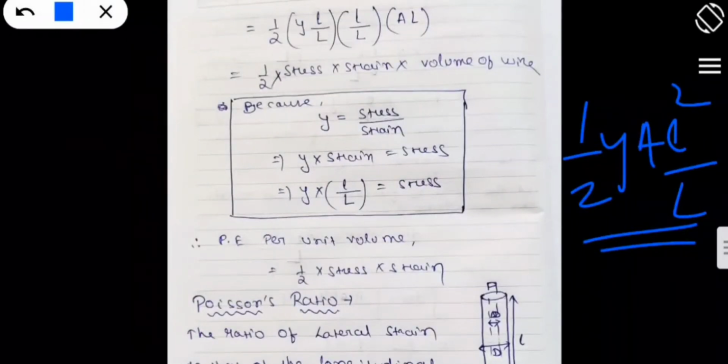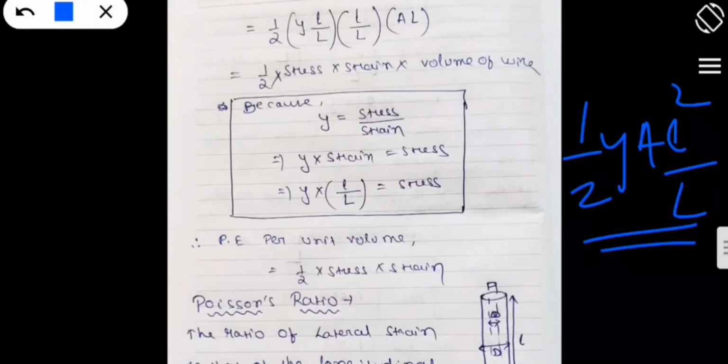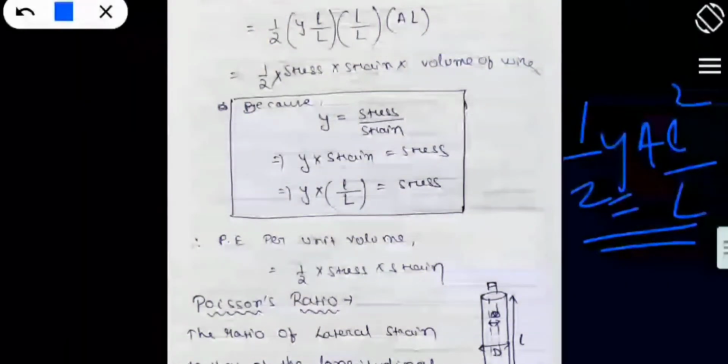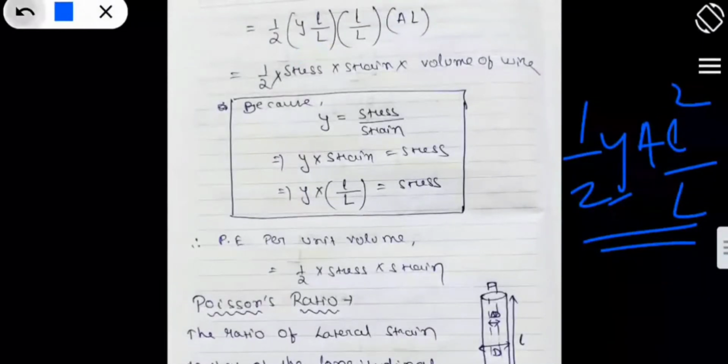Let me write this l squared as l by L, l upon L, and on this side I will multiply and divide by L, because I need to find a separate formula for it.